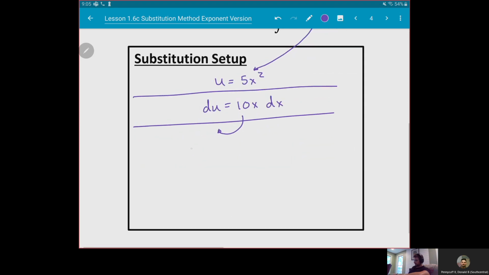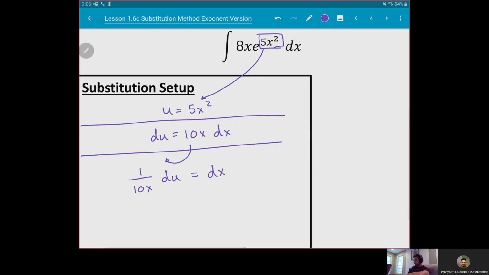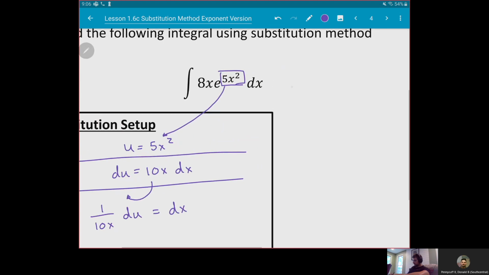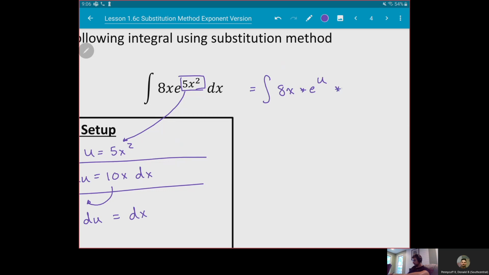And that is going to be 1 over 10x du is equal to dx. And so now that I've got all of my pieces put together, I can go up here and plug everything in. So that's going to be 8x times e to the u times 1 over 10x du.